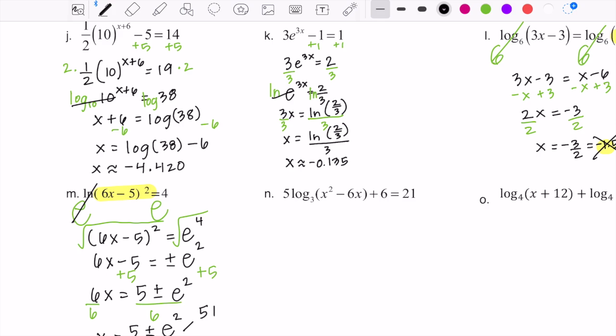So just keep in mind, to plug into your calculator, you're going to have to plug in twice. You're going to have to plug in the positive e squared and the minus e squared, and then you're going to get 2.065 and negative 0.398.